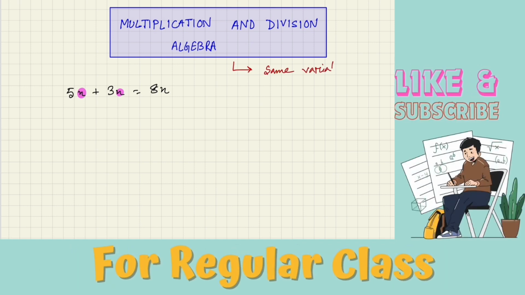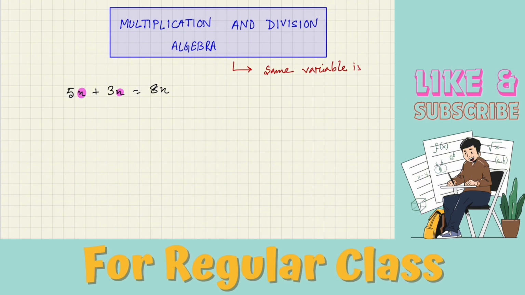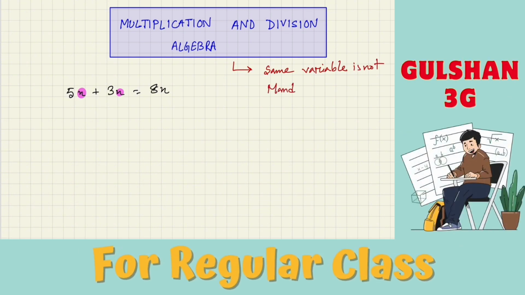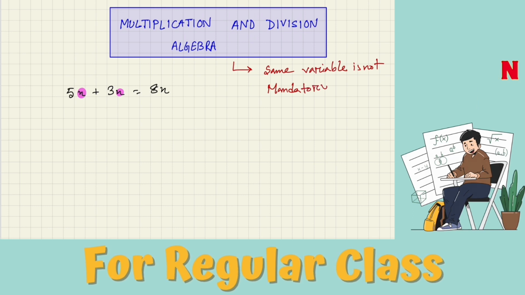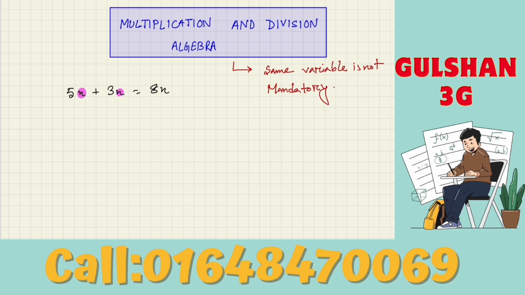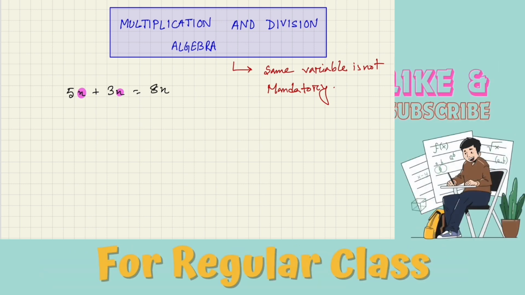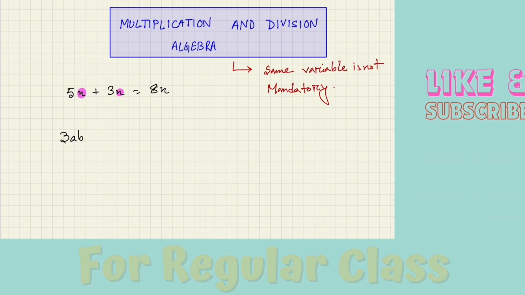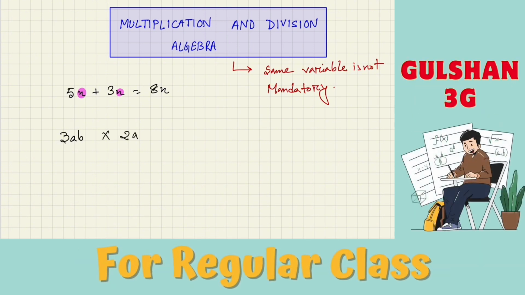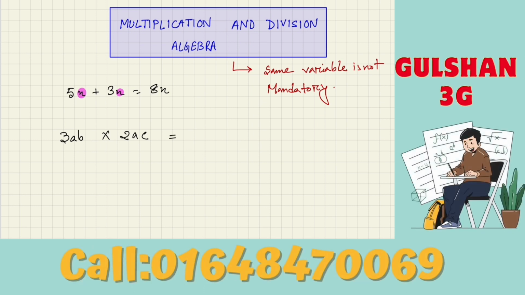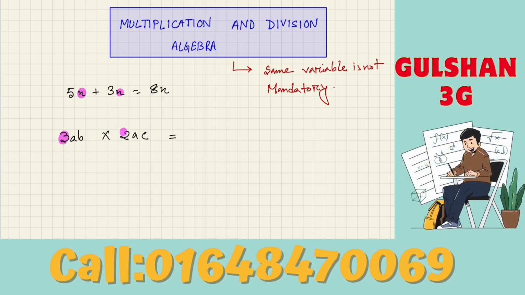So the same variable is not mandatory. Let's see some problems like this. If I multiply 3ab with 2ac, at first we have to multiply the numbers.